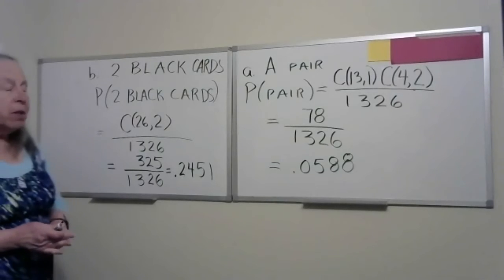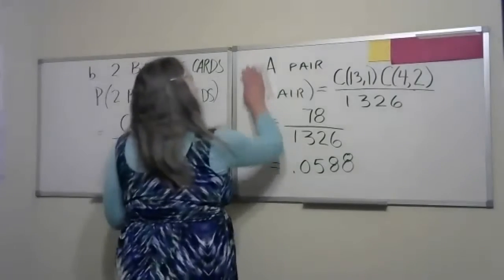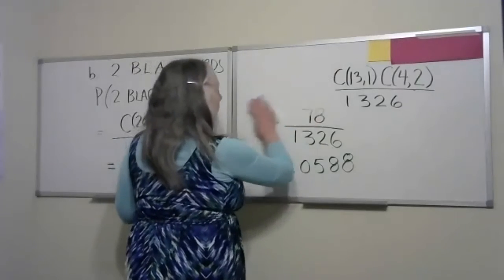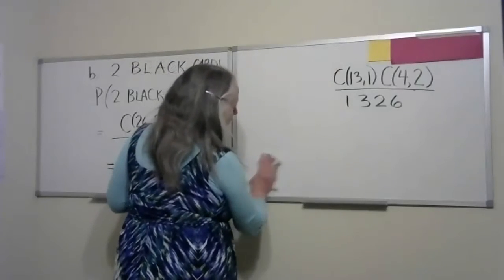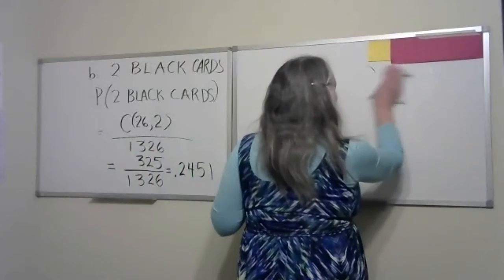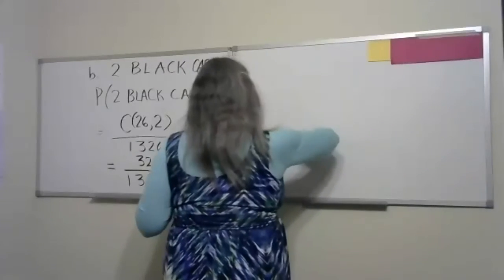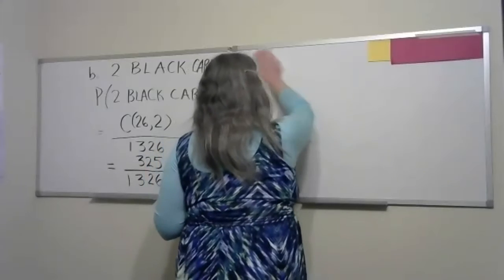Okay, so let's look at the next example. Wait, so the denominator, the 1,326, that's just the pairs, right?